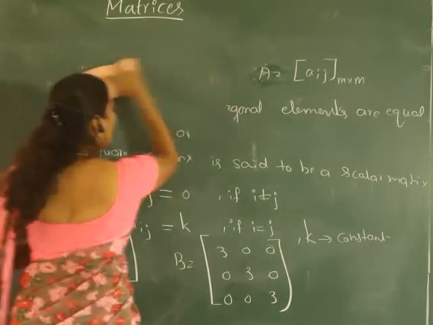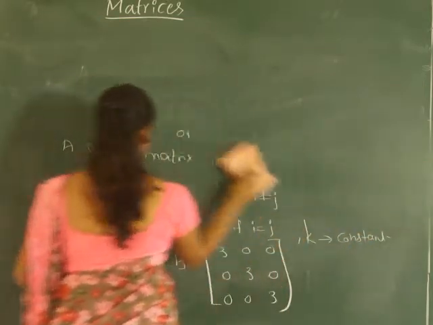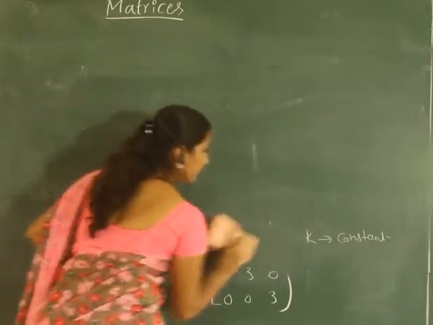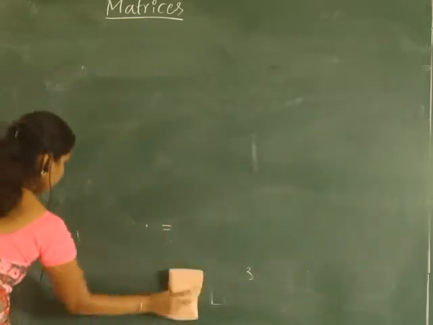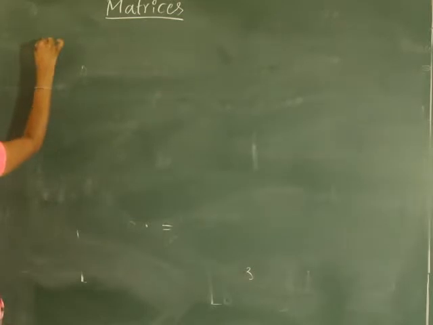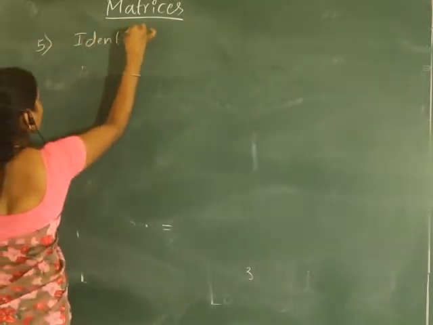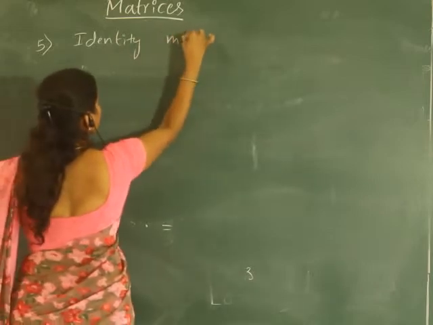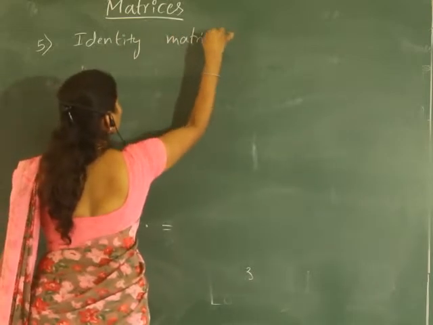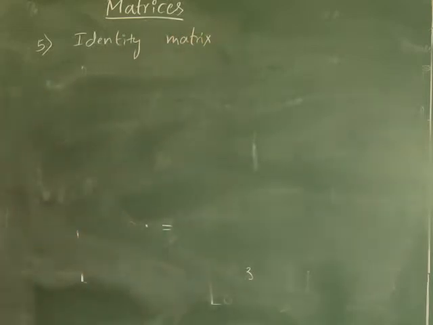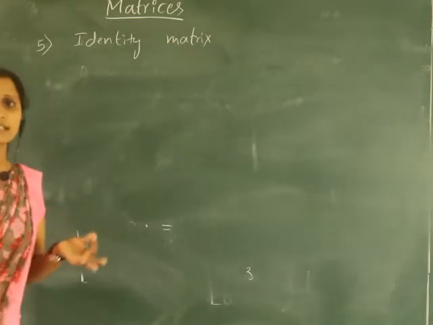Next is identity matrix. So what is an identity matrix? We have discussed square matrix, diagonal matrix and scalar matrix.